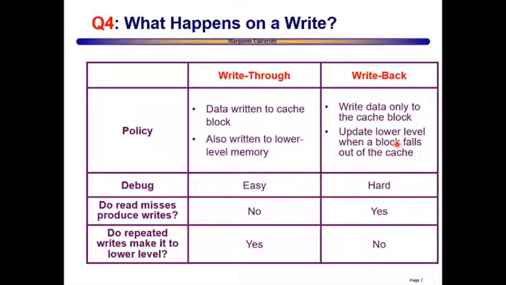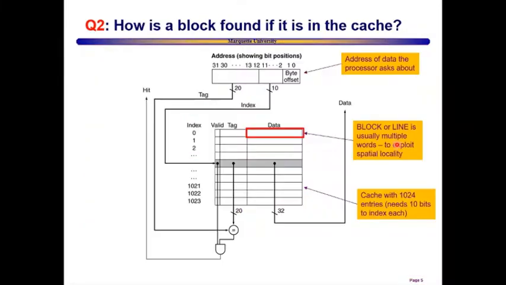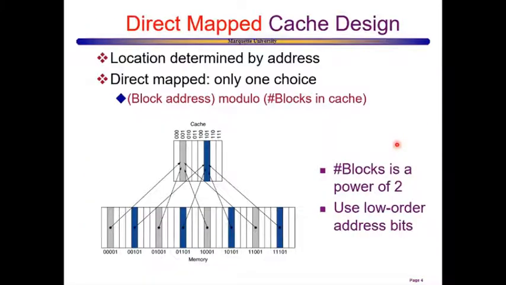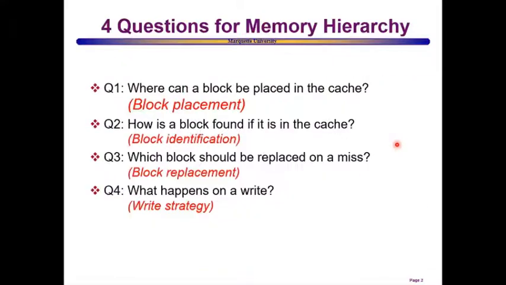So to summarize, the direct mapped cache design is a cache design where the block can be placed in the cache in only one unique entry location. The block is found by also checking the tag and the valid bit in the cache entry to which that memory address maps uniquely.